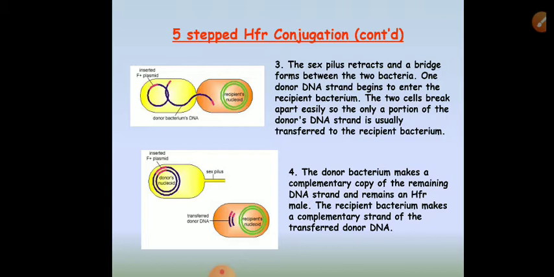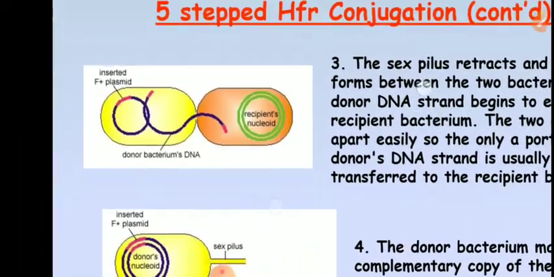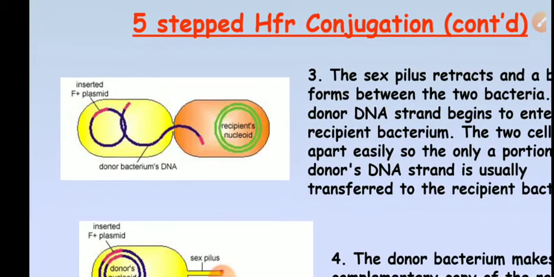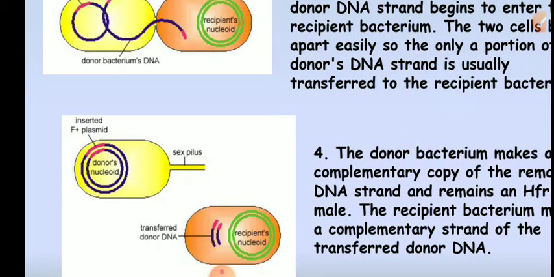So what gets transferred is a part of the F factor and a part of donor DNA to the recipient, as you can see in the fourth diagram. What can you see in the third step? The outer strand is broken. One of the strands of the donor goes to the recipient. What goes? The pink colored F factor followed by violet colored chromosomal DNA. But before it completely gets transferred, the cells separate.